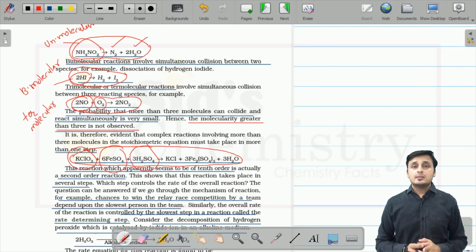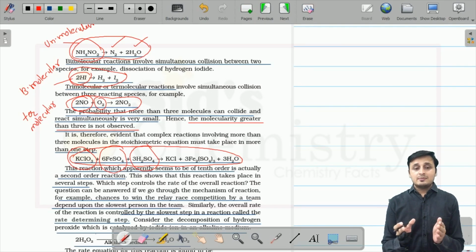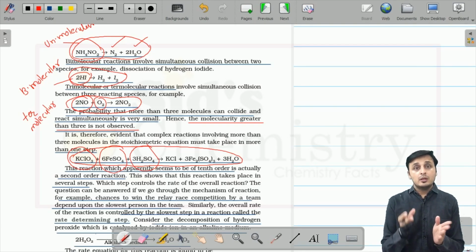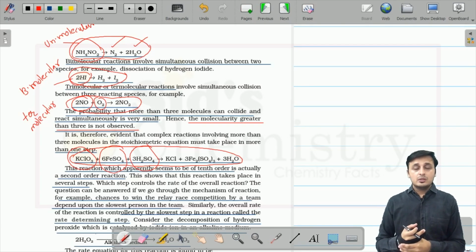So this reaction is given a complex reaction. तो कॉम्प्लेक्स रिएक्शन क्यों है? क्योंकि इसमें शायद KClO3 एक FeSO4 के साथ टकराया होगा, उसके बाद रिएक्शन आगे चली होगी, जो हमें पता नहीं है. लेकिन it must be complex reaction when it is given more than 3 molecules present in the reaction.